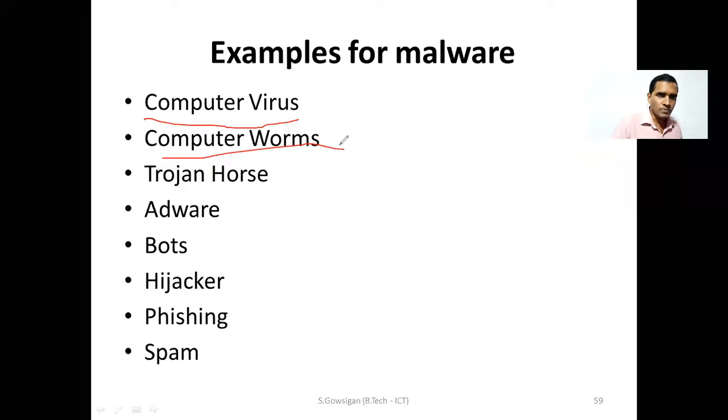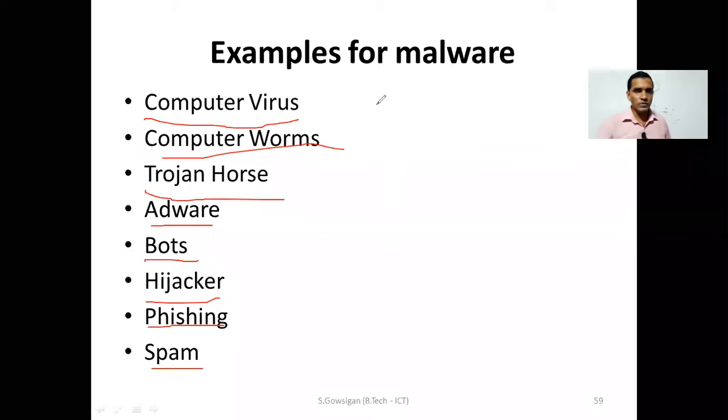Computer worms, Trojan horse, adware, bots, hijacker, phishing, P-H-I-S-H-I-N-G, spam. All of them are malwares. All these things can do bad things for our computer. So we have to understand them one by one.